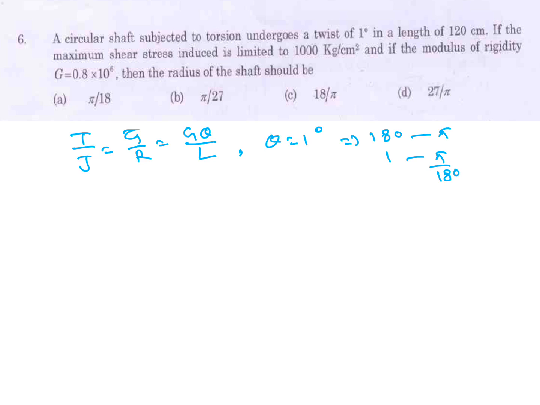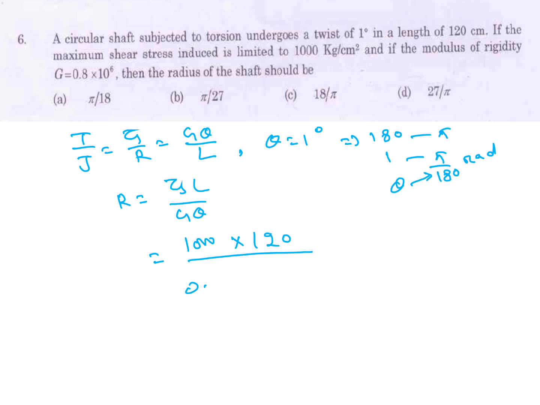This is theta. So in this question, they ask the radius, R equal to tau s L by G theta. Put the value: tau s 1000, L is 120 cm, all are in cm, so no need to convert anything. 10 to the power 6, theta is pi by 180 radian.